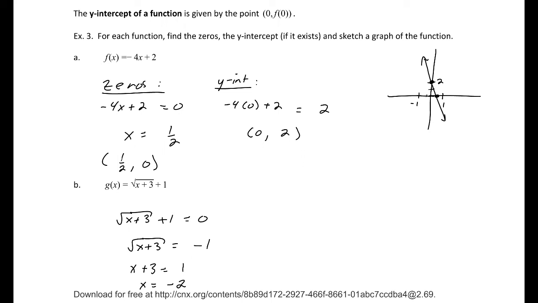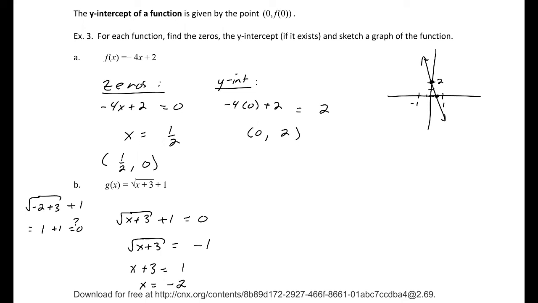Now I'm going to plug that back in to make sure that this works. If I evaluate my function, the square root of -2 plus 3, plus 1, this ought to come out to be 0, because that's what we set it equal to. That would be the square root of 1, or 1, plus 1 equals 0, and that is not true. So there's actually not an x-intercept.